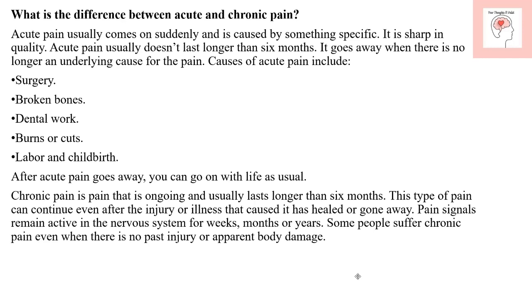So sometimes some injury happened and you might experience pain even after 6 months, even after years, because pain signals remain active in the nervous system. While sometimes pain can be there, although there might not be any injury or any body damage.